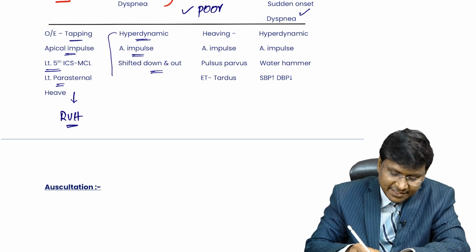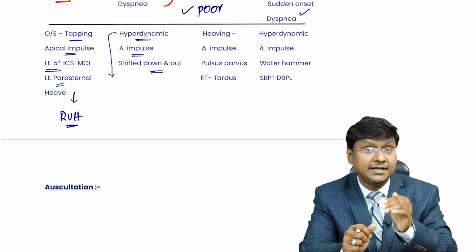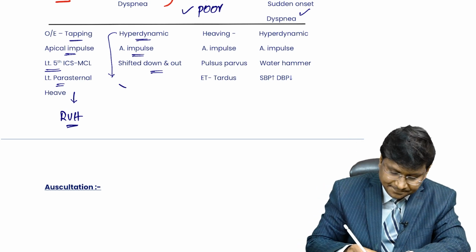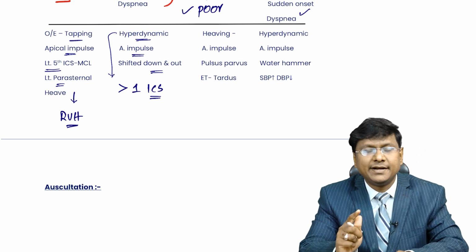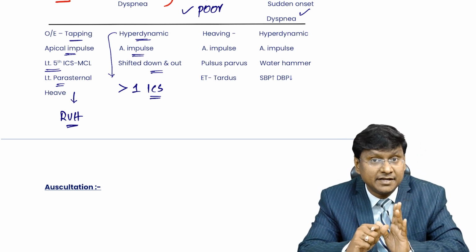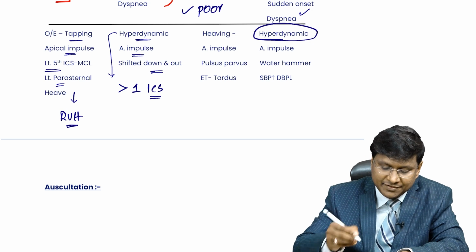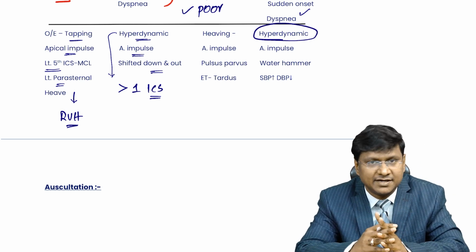The hyperdynamic type of apical impulse means the apical impulse is felt in more than one intercostal space. That is what you will have even in case of AR as well. It is shifted down and out, and that is due to eccentric left ventricular hypertrophy.